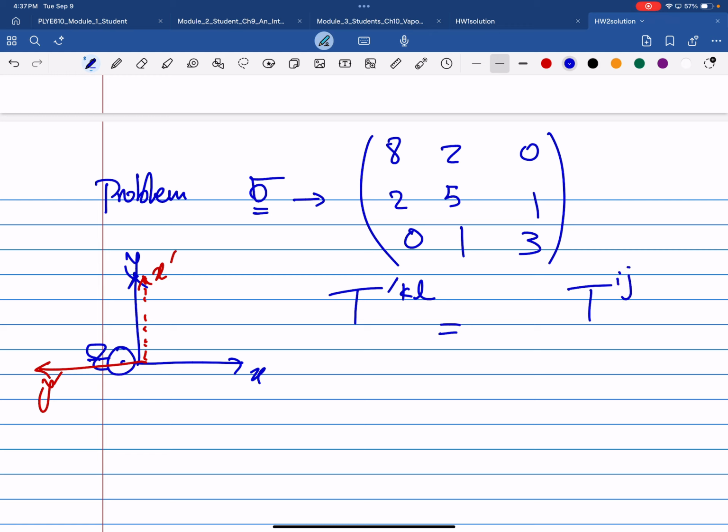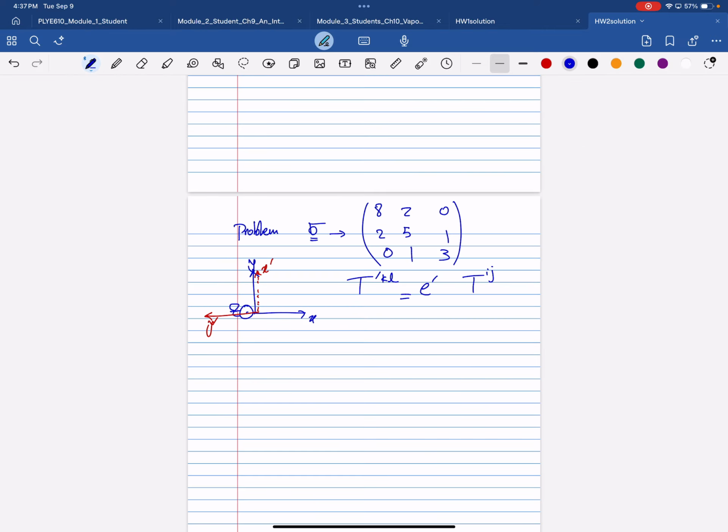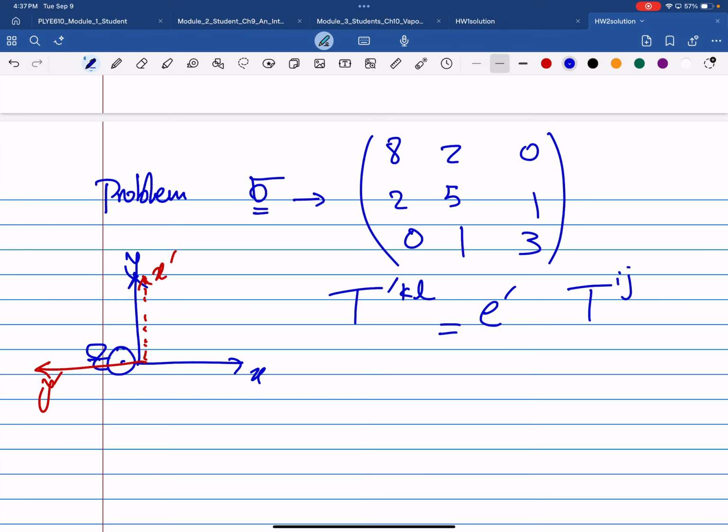How am I going to do this? There are two sets of these dot products, right? One of them was E prime K dot EI.